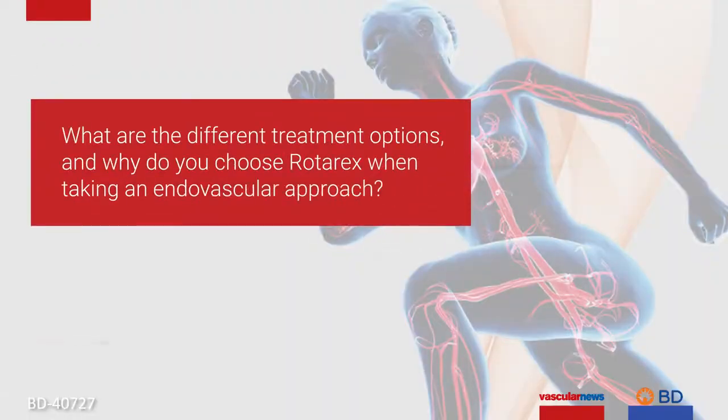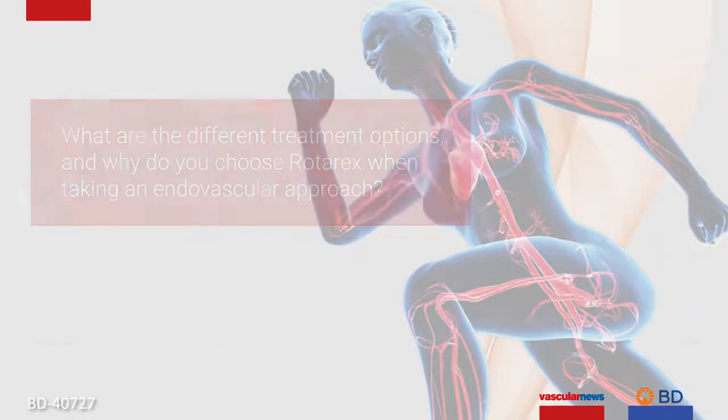What are the different treatment options, and why do you choose Rotarex when taking an endovascular approach? When we treat this really complex patient, we can choose between some different treatments.